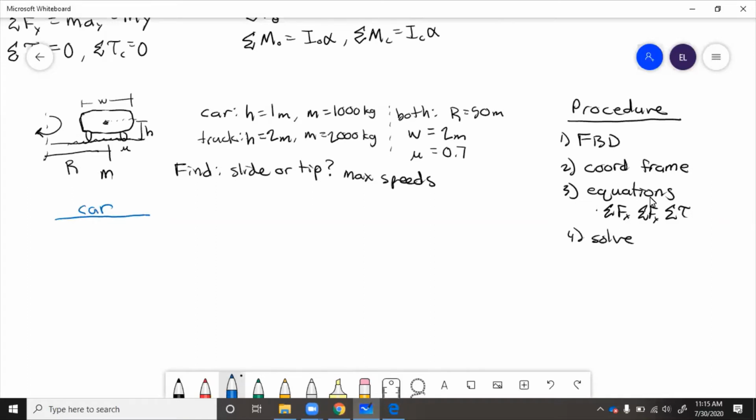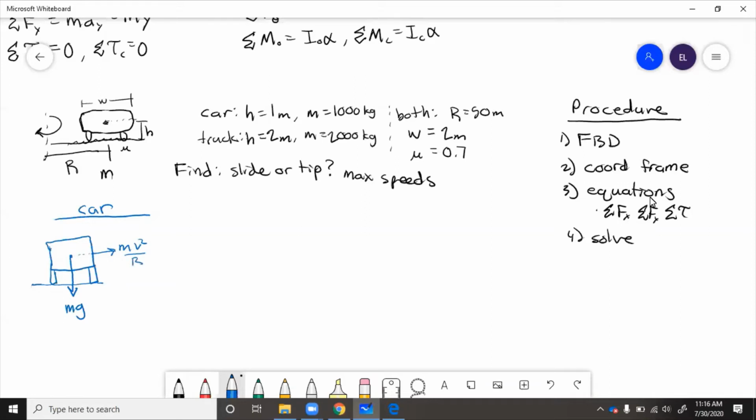So let's see, we'll draw the free body diagram. So here, we've got mg going down. These are the wheels of the car, so it's trying to slide out this way. So we'll have centripetal force, mv squared over r.